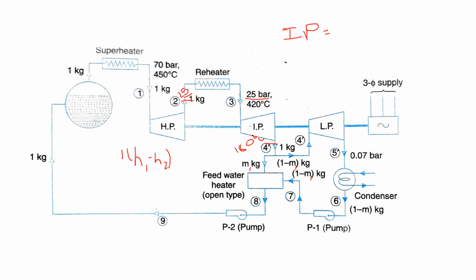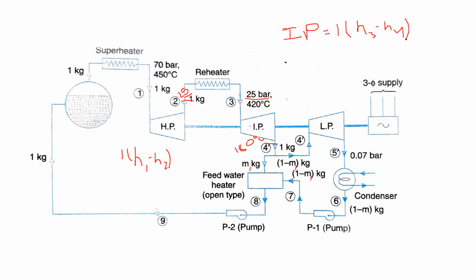Here also we have unit mass. We don't take any mass out of the system up to the fourth state. At the fourth state only we take some amount of mass out of the turbine. At this condition also we have unit mass and the work done is H3 minus H4.